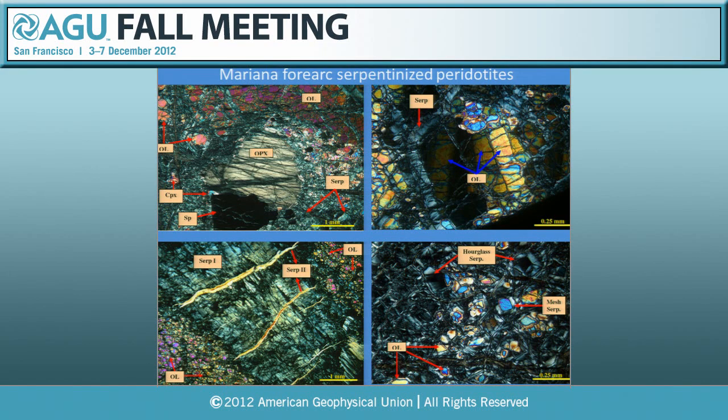We have typical hourglass textures with mesh windows where we have olivine surrounded by mostly chrysotile and lizardite, the low temperature serpentine varieties, and then at some point we have cross-cutting relationships. This is a zoom in into one of these Frankenstein-type veins that have at least 2 generations of serpentine and probably record high water-rock ratios.